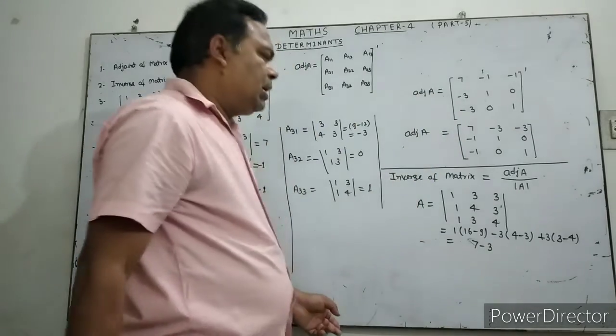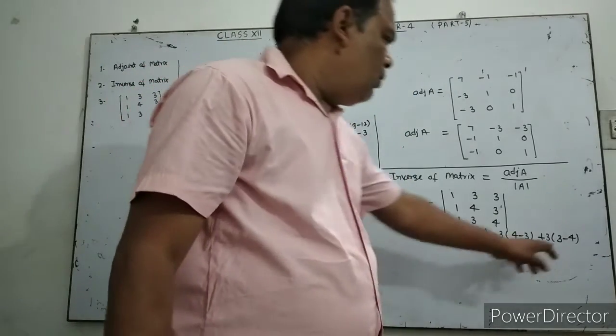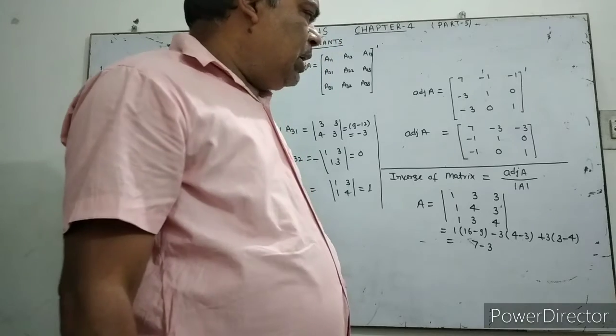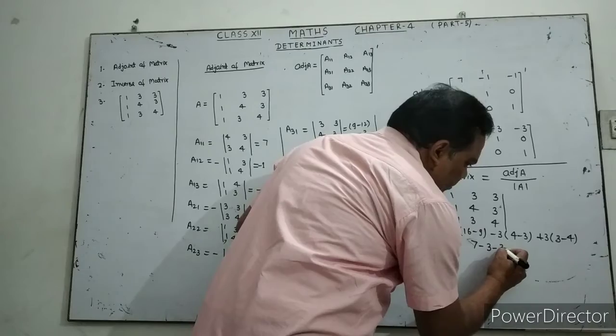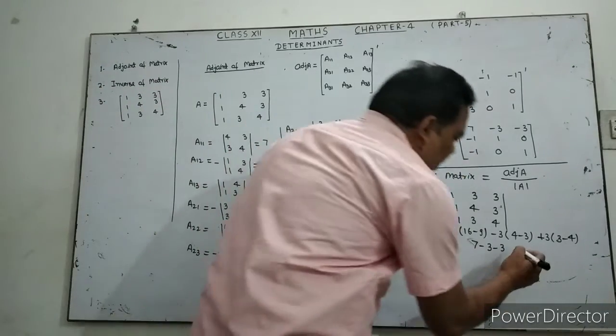And this is also 3 minus 4, minus 1 into 3, this is minus 3. Then what is the value of determinant?